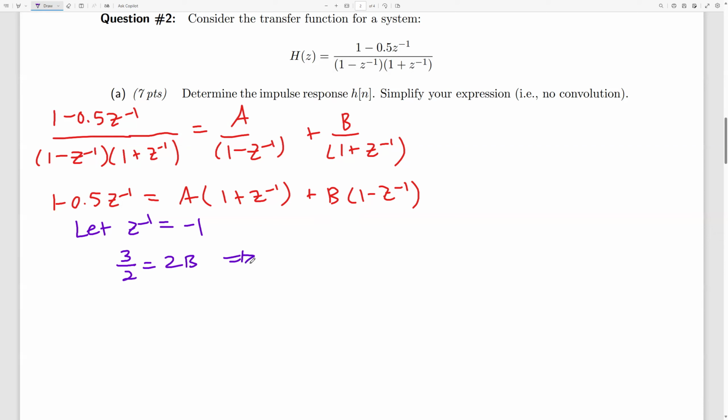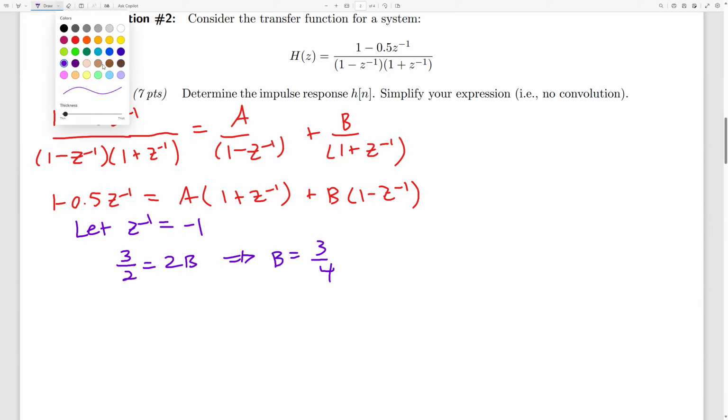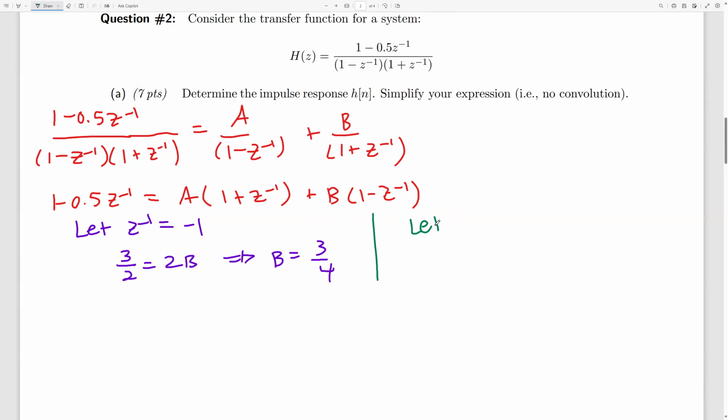And what you'll get is that B equals 3/4. Similarly, if you let z^-1 equal 1, you get 1 minus 0.5, that'd be 1/2, equals A times (1 + 1), which is 2A. So you get A equals 1/4.